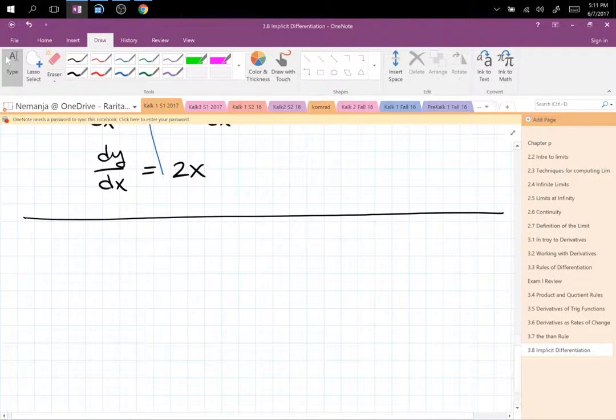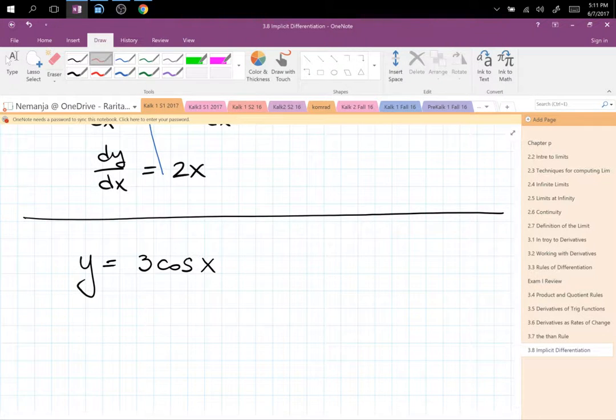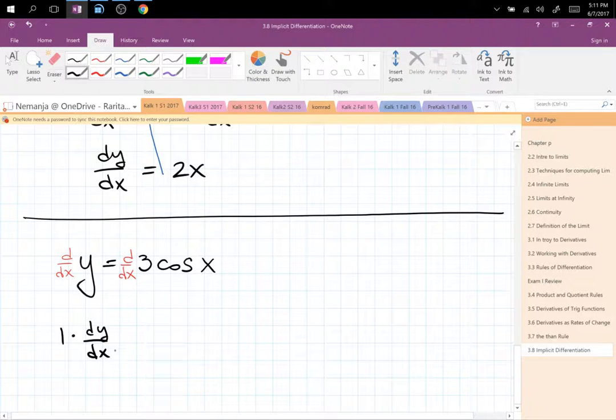Let me solve another problem. Say y is equal to 3 cosine x. What I'm going to do is I'm going to put the differential operator on both sides. I'm differentiating. On the left-hand side, I have 1 times dy dx because derivative of y is 1, and I follow with dy dx because I took the derivative of y in respect to x.